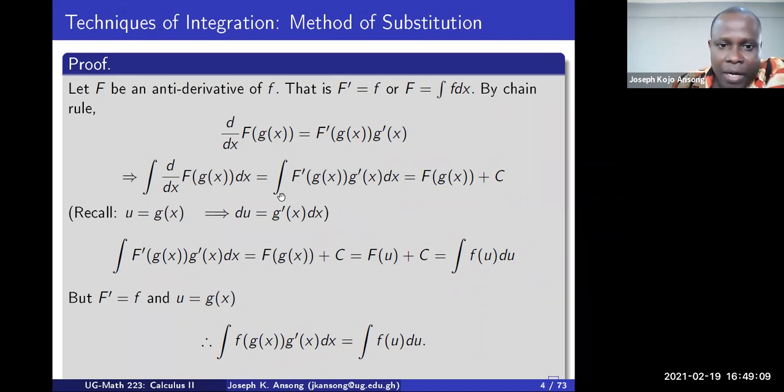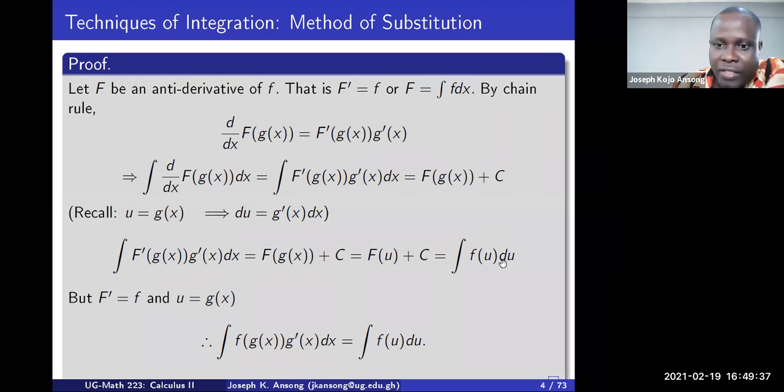So now I can write this to be equal to the same thing I have here, and that is equal to, we know g of x is u, I can put u here plus c. That should be equal to, remember that because capital F is the antiderivative of small f, or big F is the same as the integral of small f, I can write this as the integral of small f of u du. Of course, if I integrate, then that is where I get my constant of integration.